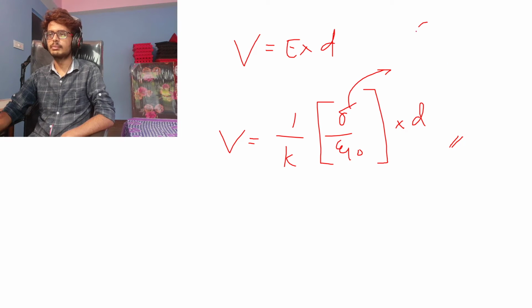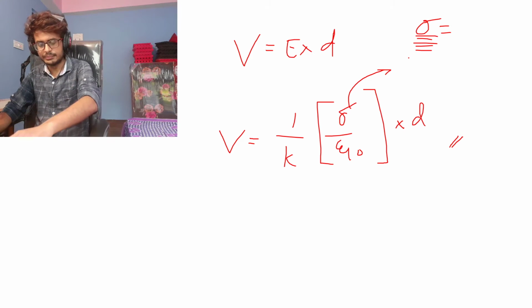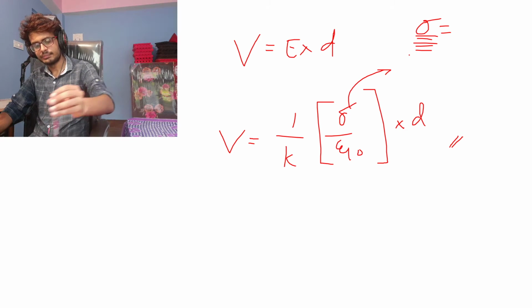Okay, now what we do is we replace this now. Now what is sigma? What is the formula for sigma? Sigma is basically surface charge density, right? So how do we write it? Come on, tell me. How do we write it? There's a formula for sigma, right? Surface charge density, what is it? Aditya, what's surface charge density?